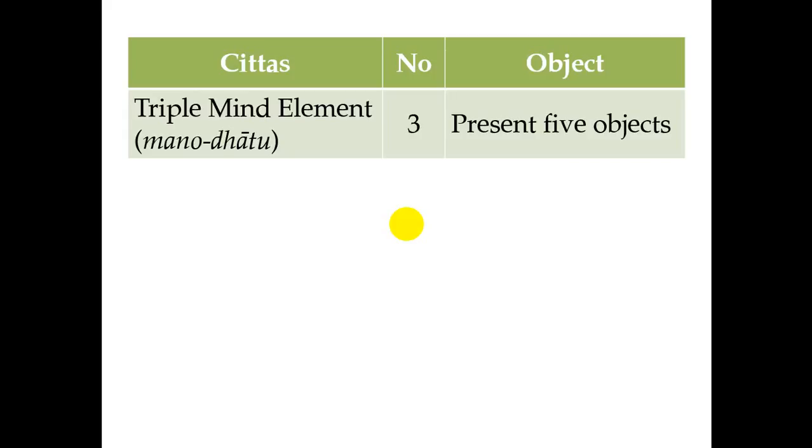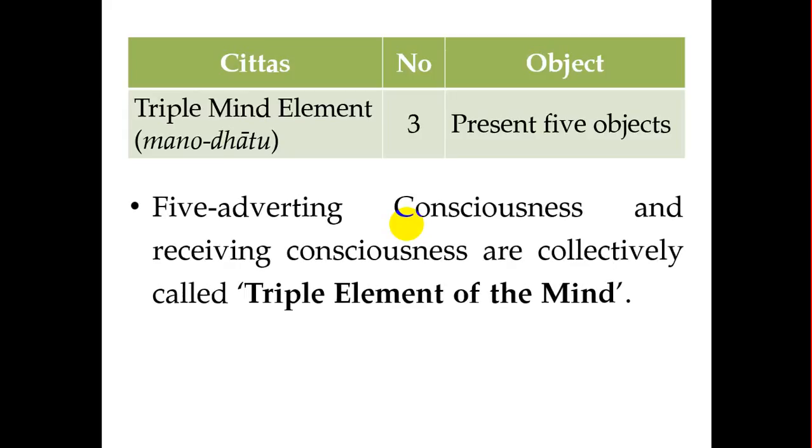So here, triple mind element. In Pali, we call it manodhatu. Triple mind element is the five door advancing consciousness and the two types of receiving consciousness. When we see an object with the eye, before we see with the eye consciousness, there is a five door advancing consciousness that opens the door. And then we have two types of receiving consciousness, where you receive what you see, what you hear, right?